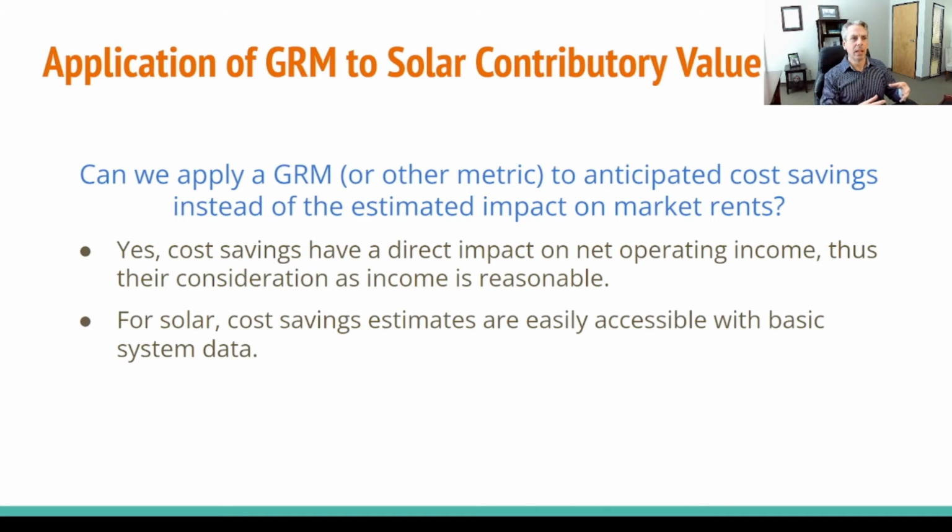That impact on income means that you can equally look at your gross number from which the GRM is derived and still have a good leg to stand on to say, hey, why don't we look at cost savings instead of this market rent differential, especially when that market differential sometimes is very hard to support.